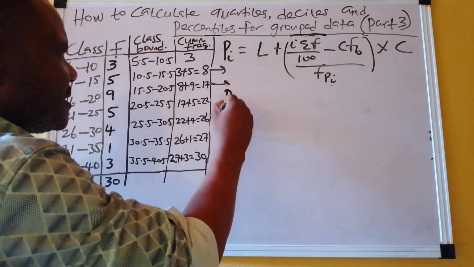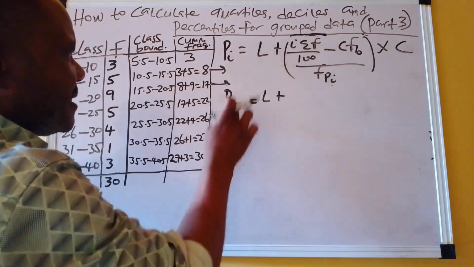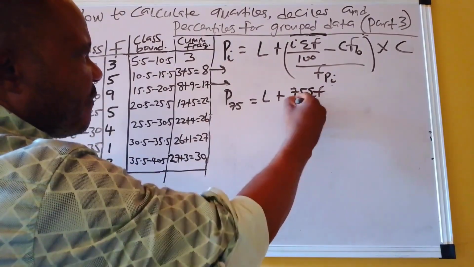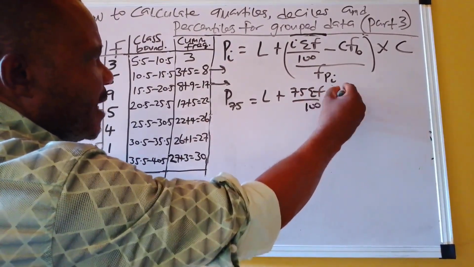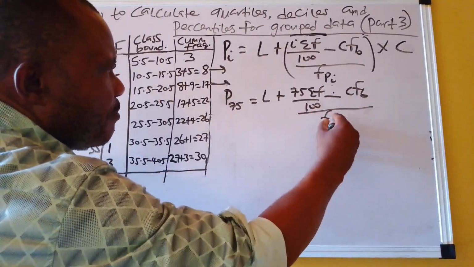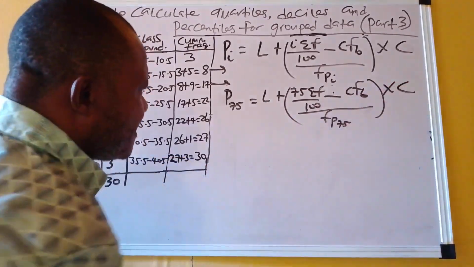Now our P75 is equal to L plus, I now is 75, 75 summation f all over 100 minus cumulative frequency before that class all over frequency of the P75th class, times our class size C.